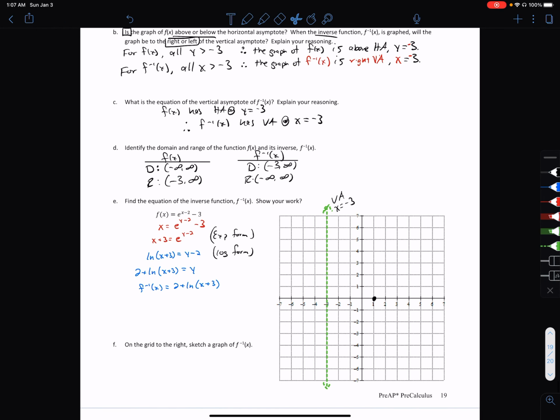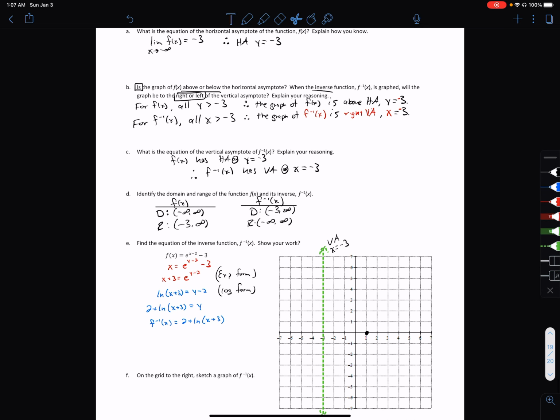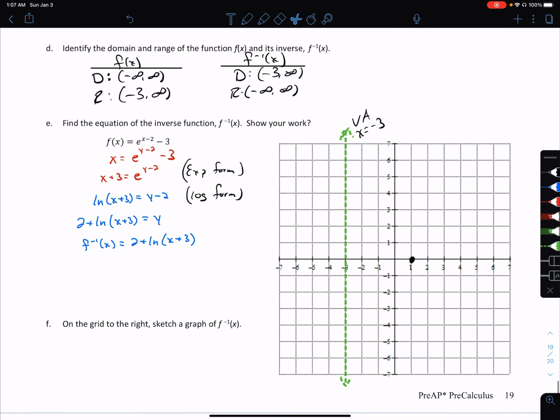I'm going to point out some things, and then I'm going to actually not do it this way. But since this is at (0, 1) for the parent, this is translated to the left 3 and up 2. So this point would go left 1, 2, 3, and up 2. That point would end up being right there.